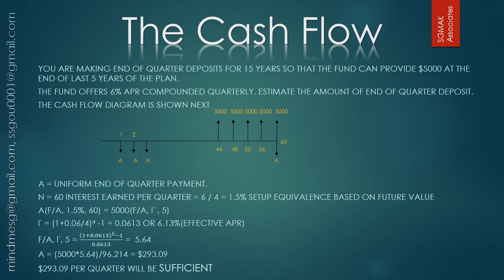A shows the annuity payment, a known amount, and if you look at the cash flow diagram, our last 5 years in terms of quarters is the end of the 44th quarter, 48th, 52nd, 56th, and 60th quarter. That's when you want to withdraw $5,000.